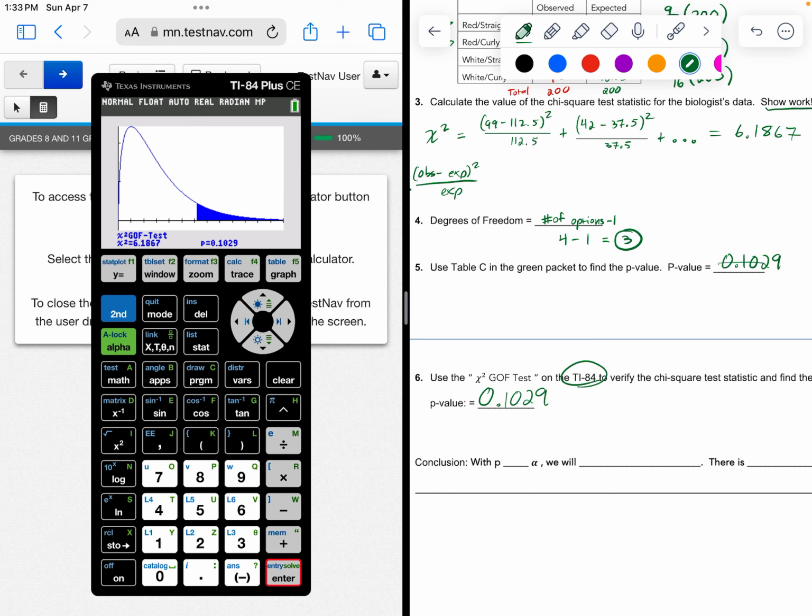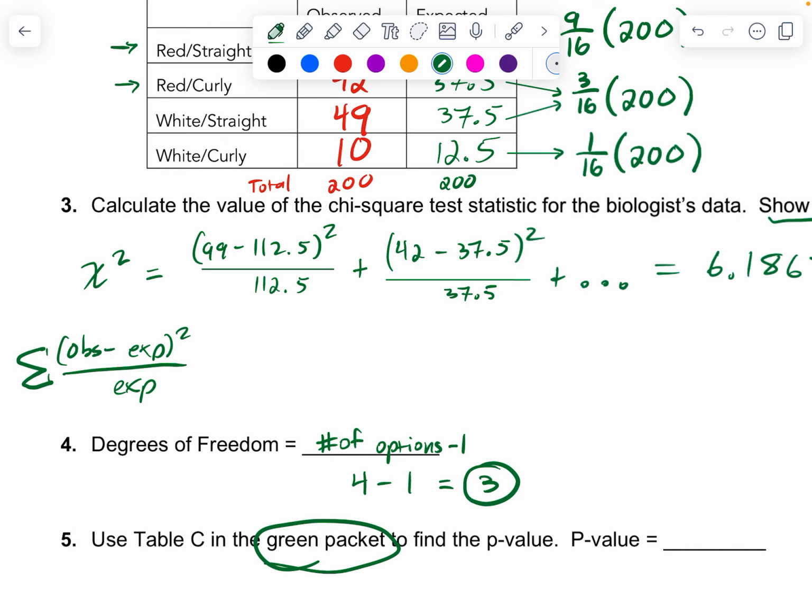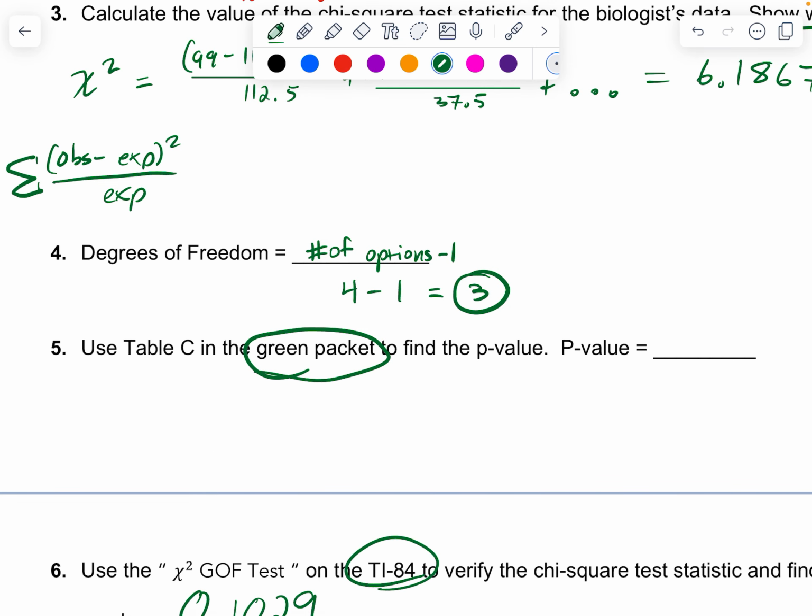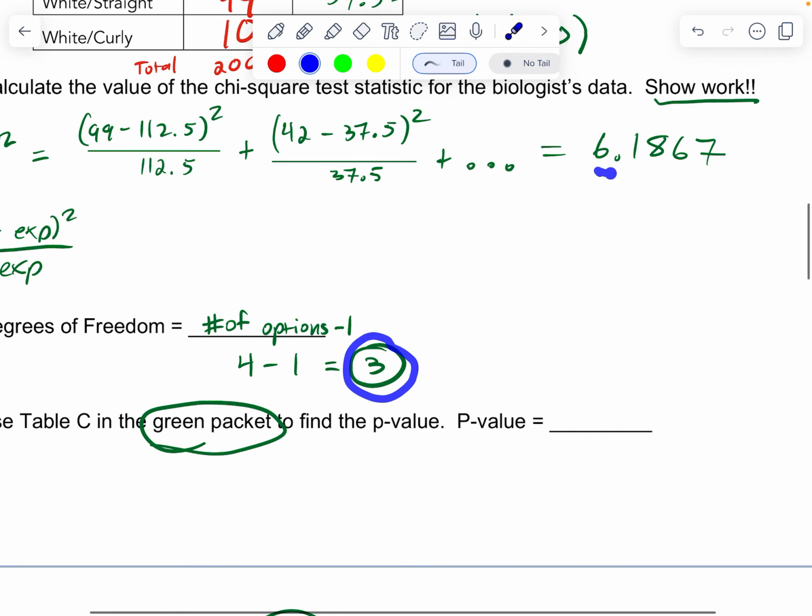Up here, I'm going to do it differently. I'm going to show you how to do this in the green packet as well. In the green packet, I need to know the degrees of freedom, and I need to know my chi-squared value of 6.1.